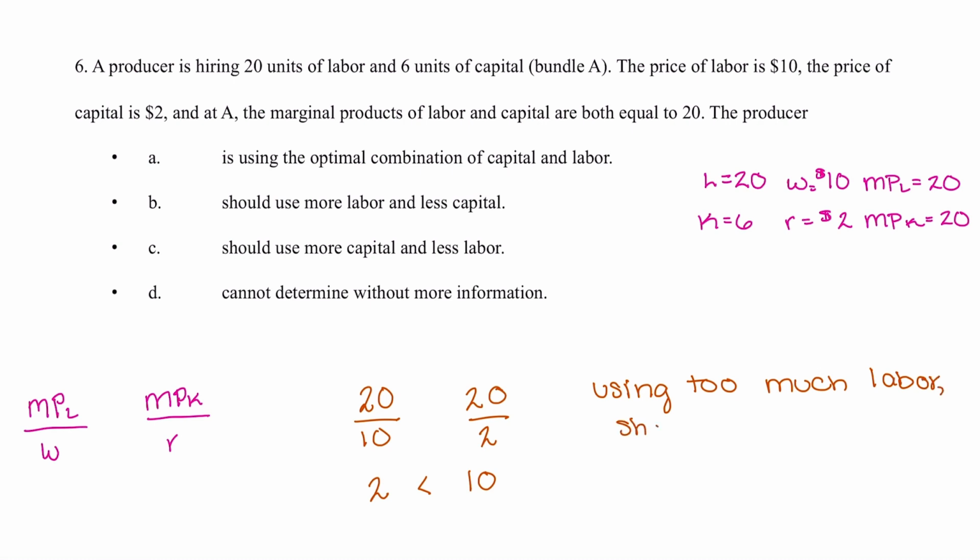Meaning we should use less labor and more capital, which is option C. Should use more capital and less labor.